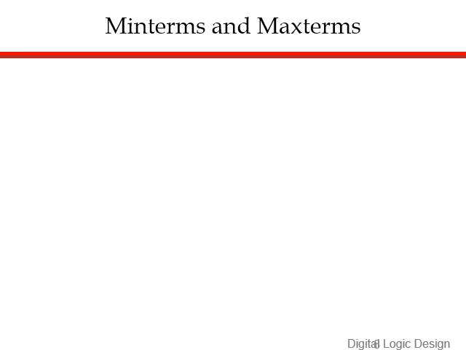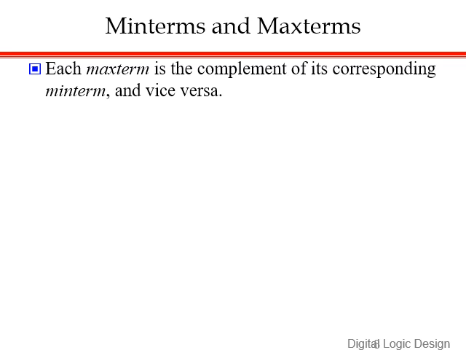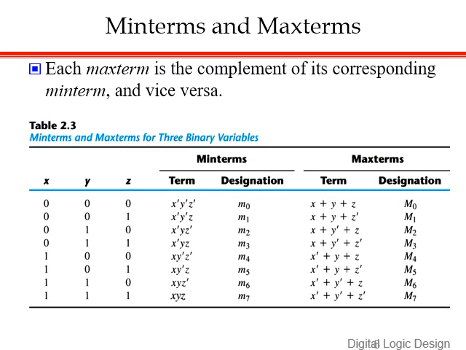Maxterms also have 2 raised to the power n combinations, and a maxterm is the complement of its corresponding minterm. Suppose we have three variables x, y and z.